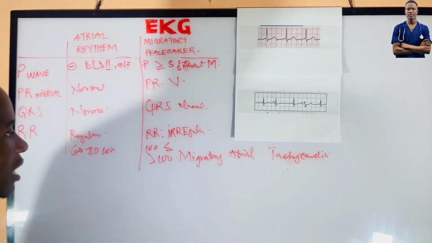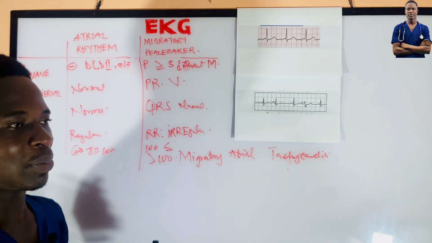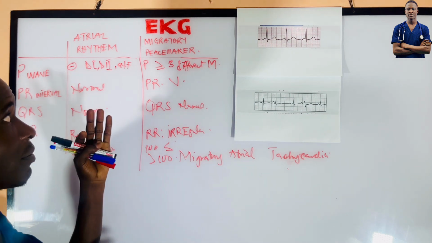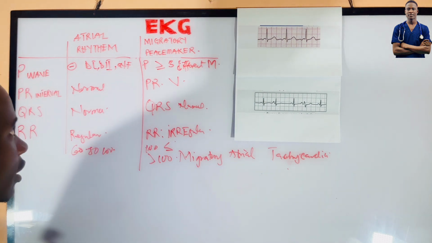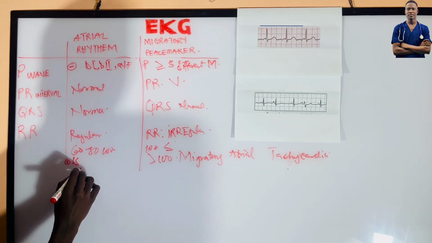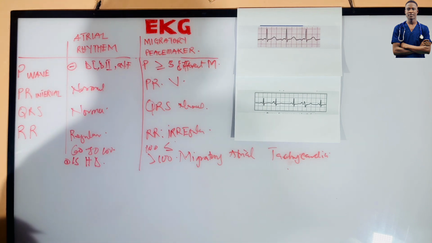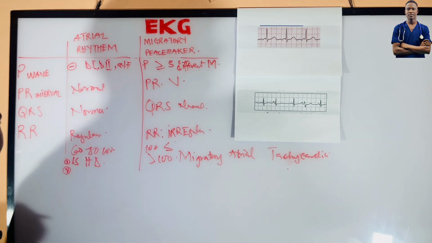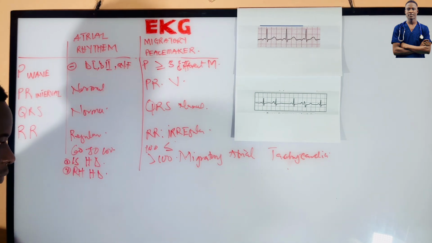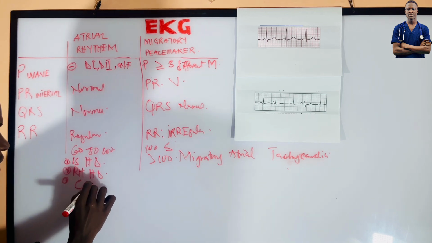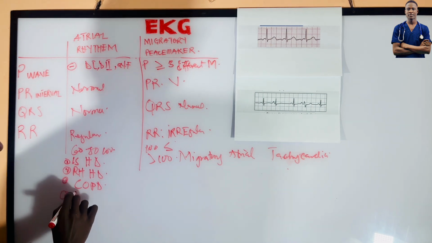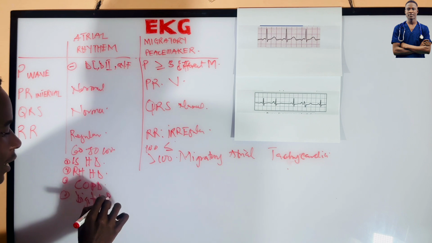Now, let's look at certain pathologies that can cause atrial rhythm and the migratory pacemaker too. For the atrial rhythm, the first one that we can talk about is ischemic heart disease. The second one is rheumatic heart disease. The third one is COPD. And the last one is digitalis poisoning.